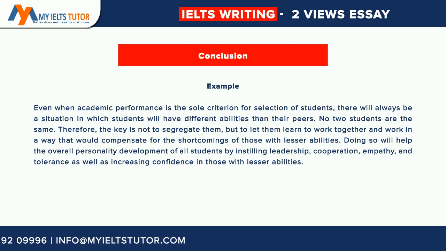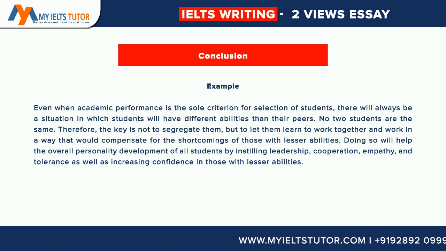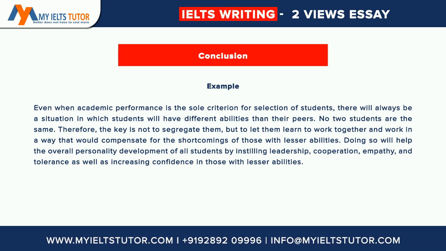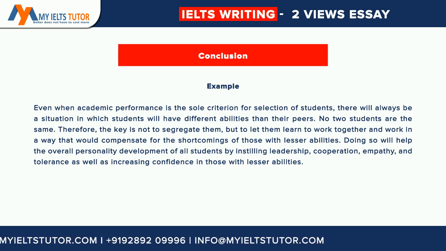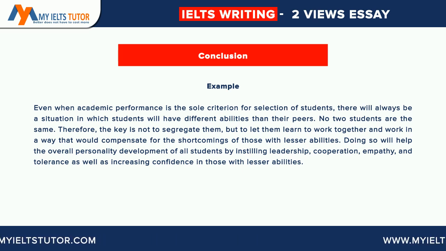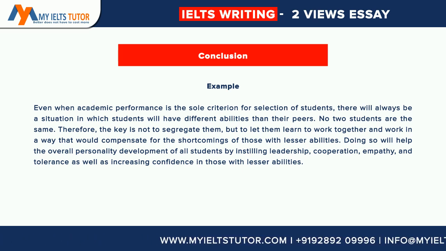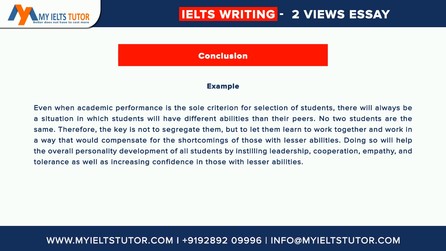And we have here, it starts off with, even when academic performance is the sole criterion for selection, that's kind of your linker. Now, linkers can be long phrases, they can be short phrases, single words. For you guys, keep it a little bit simpler, such as in conclusion.